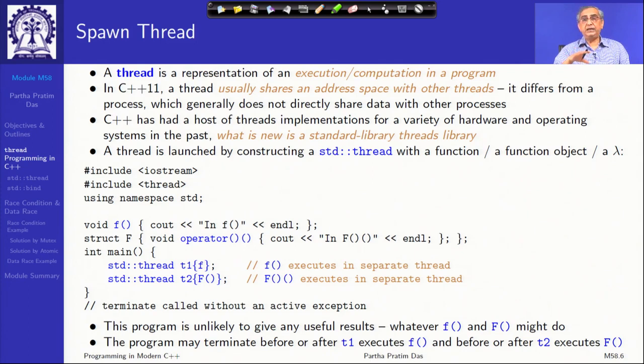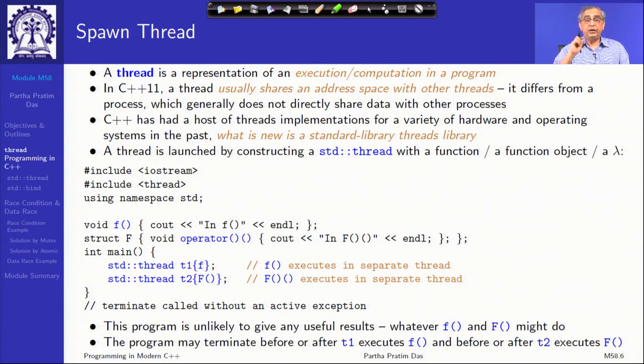For decades C and C++ programmers have been doing concurrent programming, multi-threaded programming as it is said, using several different libraries, predominantly the POSIX library, which is common on the Linux platform, or say the Windows thread library. Then there are several others like Boost and so on.